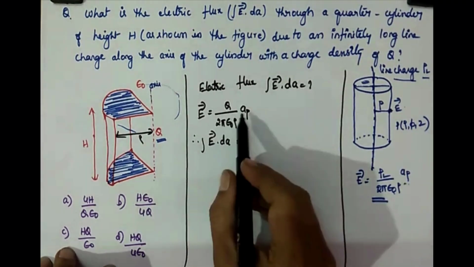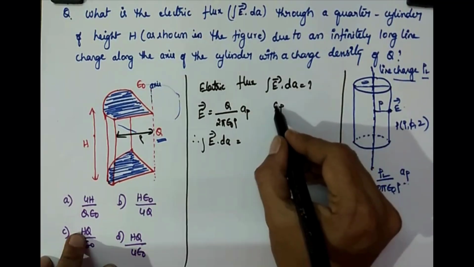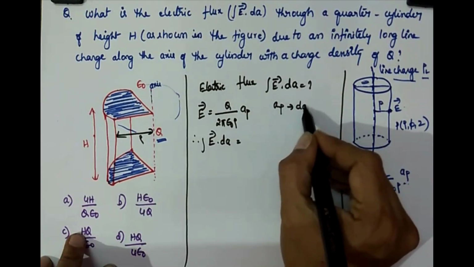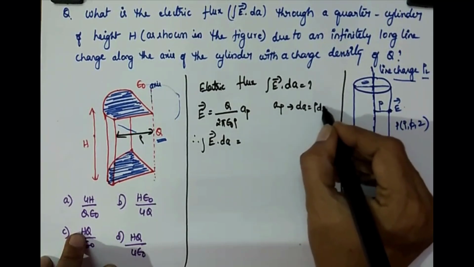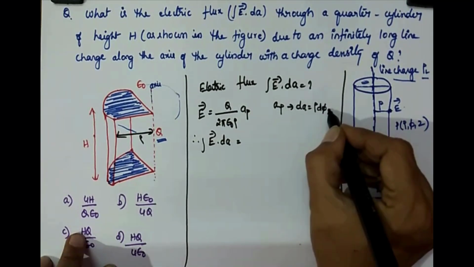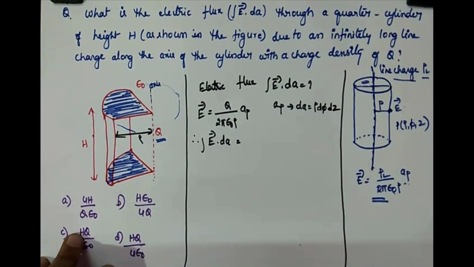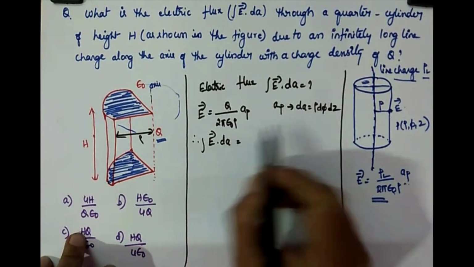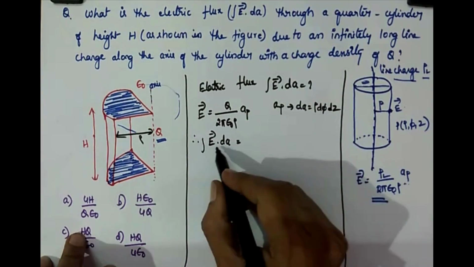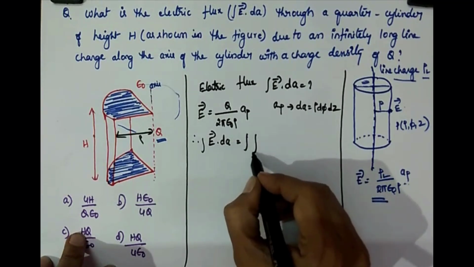As E bar is in the A rho direction, dA is equal to rho d phi dz, the differential area in the direction of A rho.